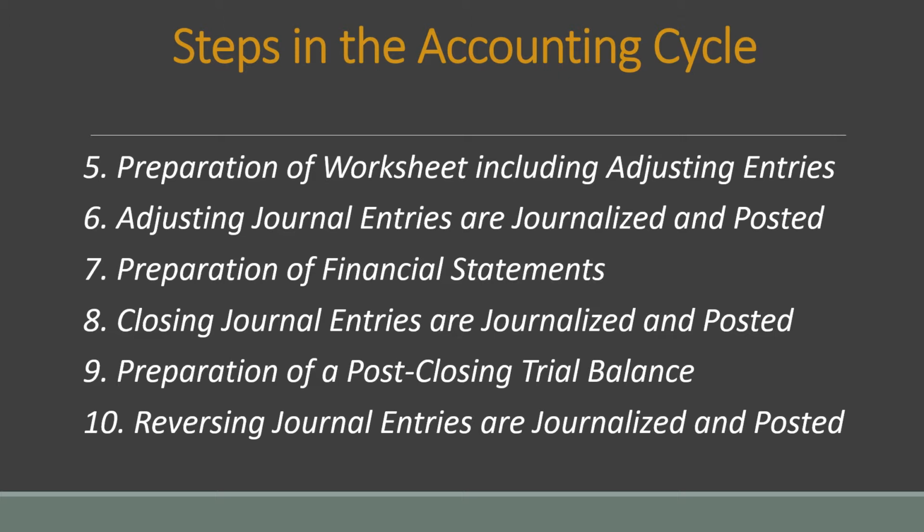So, pinaplot natin siya sa third and fourth column ng 10-column worksheet. So, yung third column is for the debit and yung fourth column is of course for the credit. So, third and fourth is para lang yan sa lahat ng mga adjusting entries.